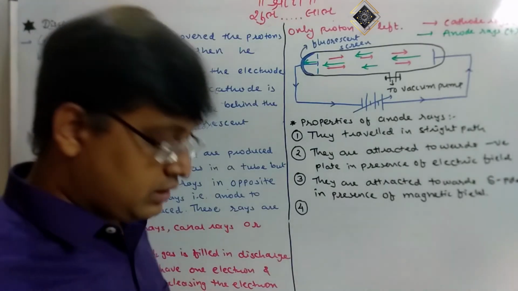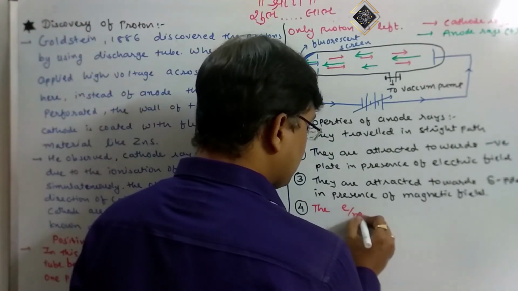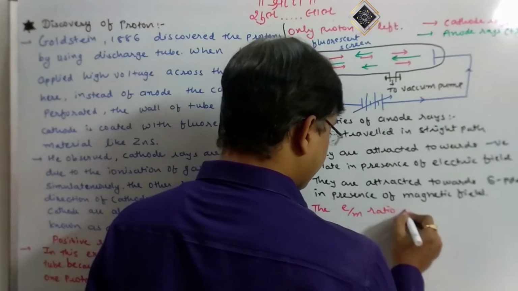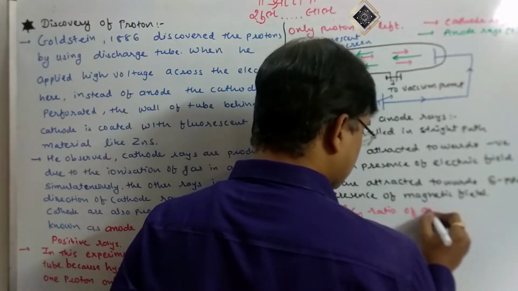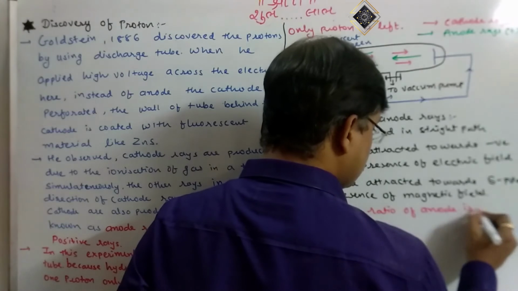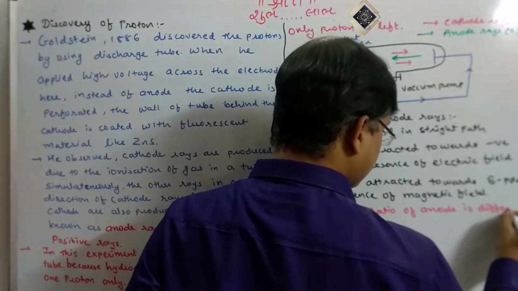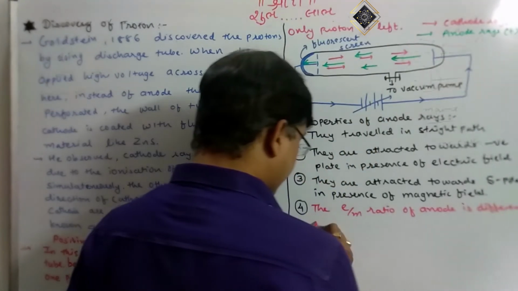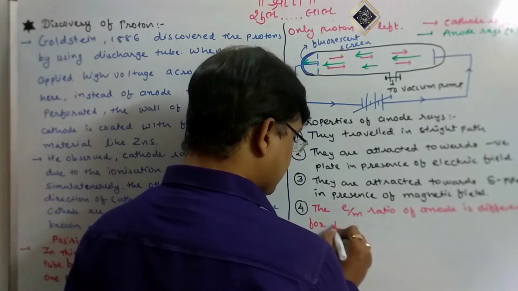Fourth is very important, the e by m ratio of the anode ray is different for different gases.